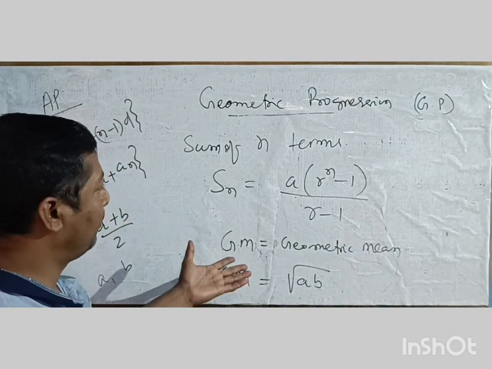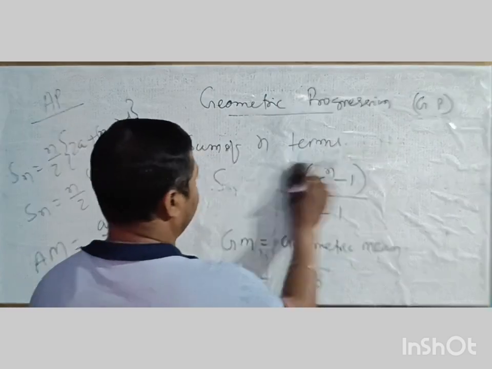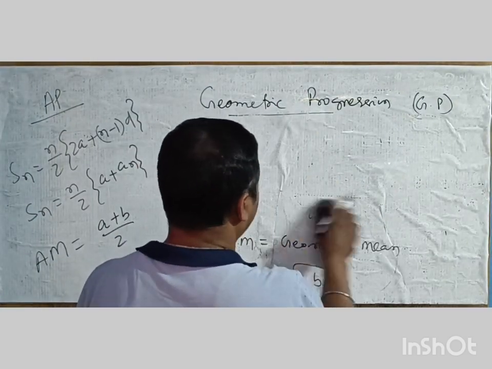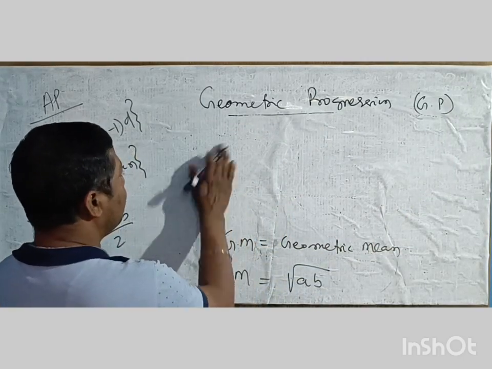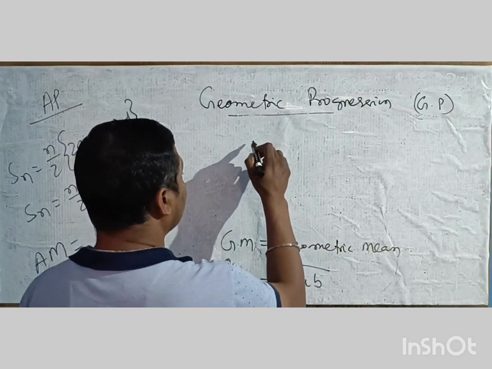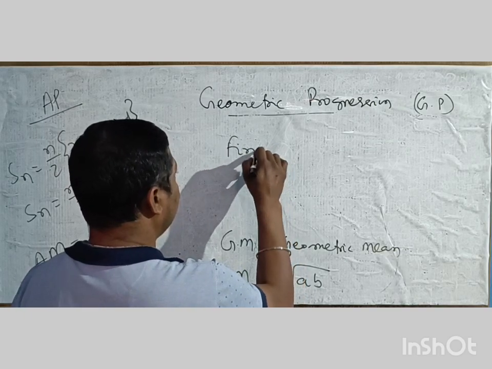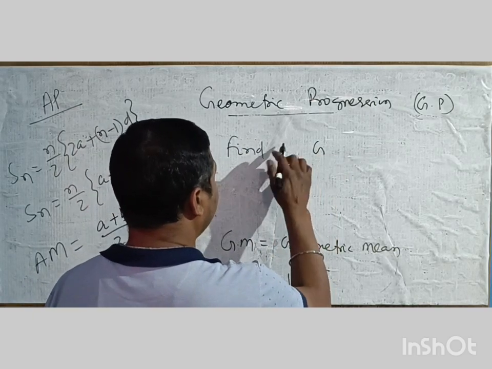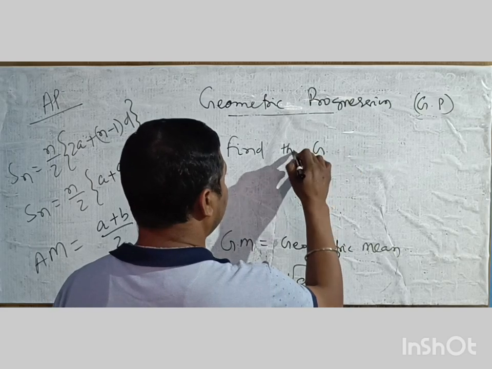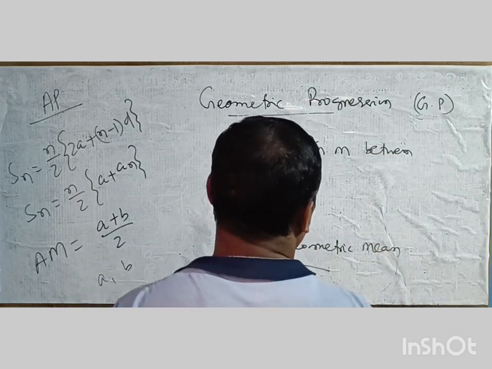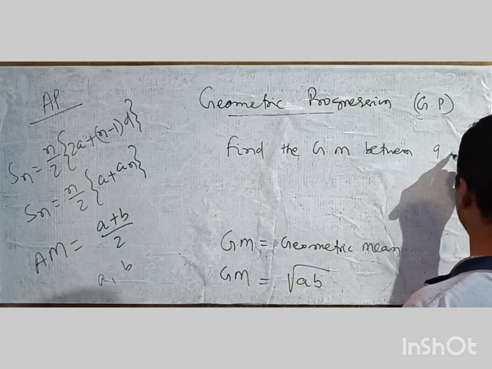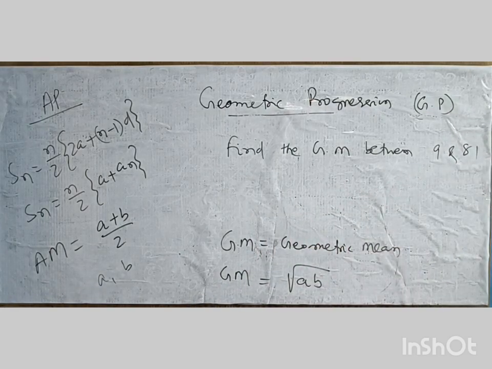Let us take an example to find this one. Suppose find the GM between 9 and 81.